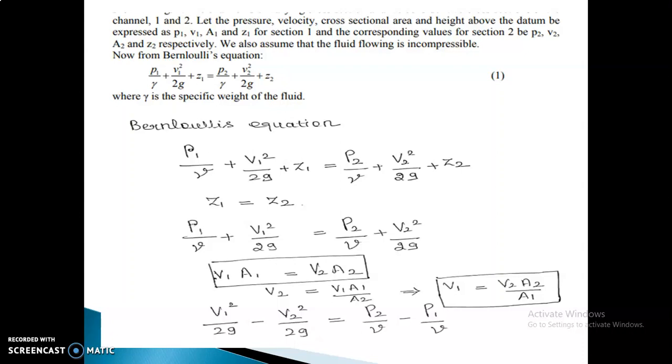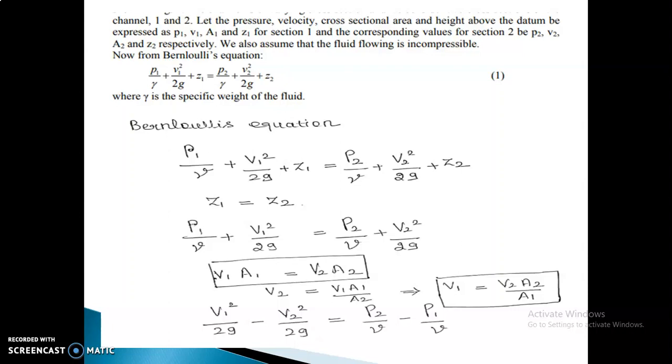According to Bernoulli's equation, we have the expression P1 by gamma plus V1 squared by 2g plus Z1 equals P2 by gamma plus V2 squared by 2g plus Z2. If Z1 equals Z2, then the equation becomes P1 by gamma plus V1 squared by 2g equals P2 by gamma plus V2 squared by 2g.